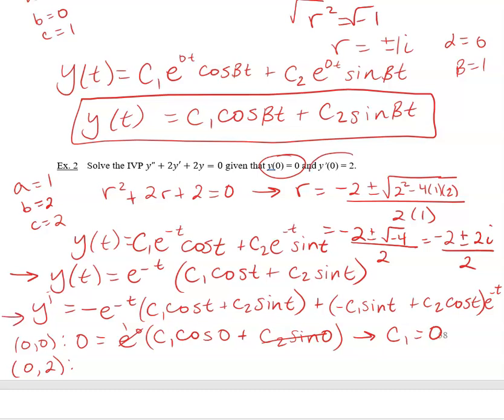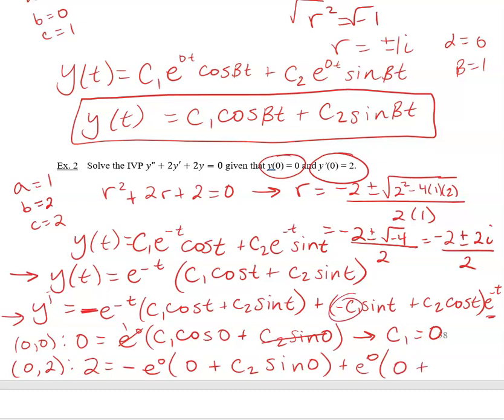So the first derivative information is here, and that means that 2 is equal to negative, I'm plugging it in right here, e to the 0 power times C1, which was 0, plus C2 sine of 0, so those are going to go away, plus, I'm going to write this e term first, e to the 0 power times 0 for that first term, plus C2 times cosine of 0.